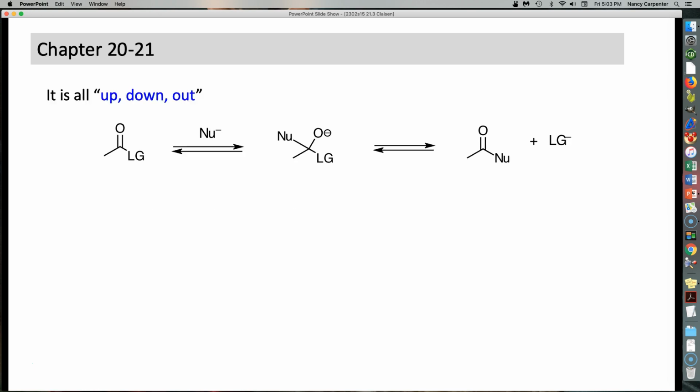So what's left? Well, that's a really good question because Chapters 20 and 21 are really still all the same mechanism. The old up, down, and out.